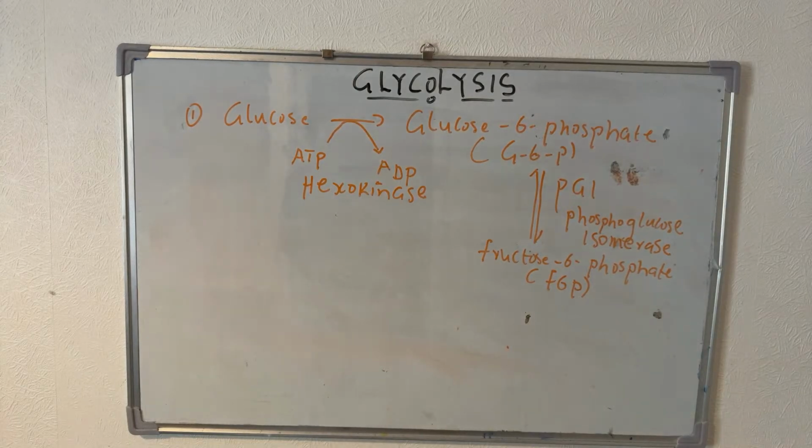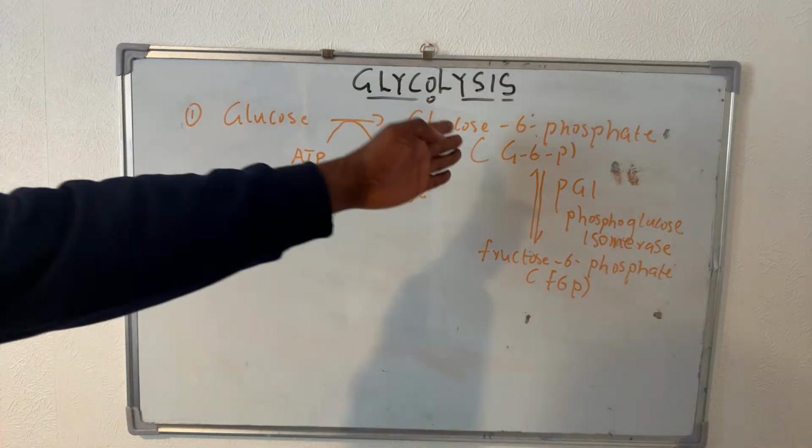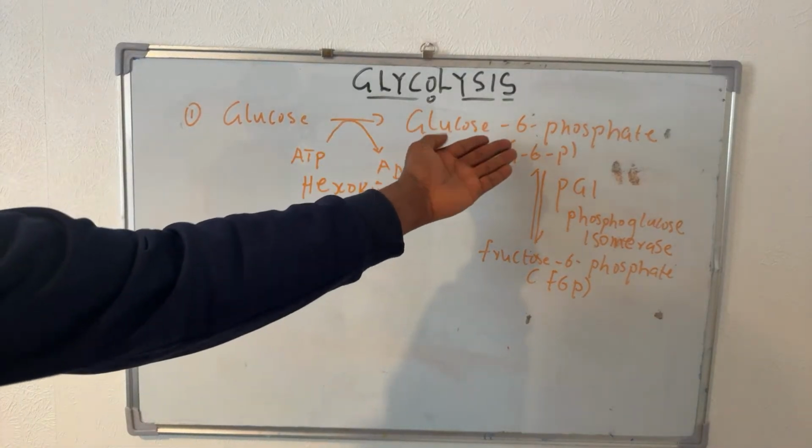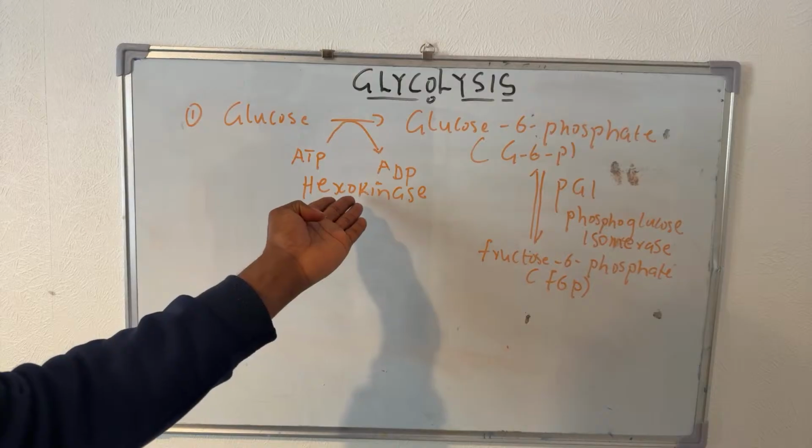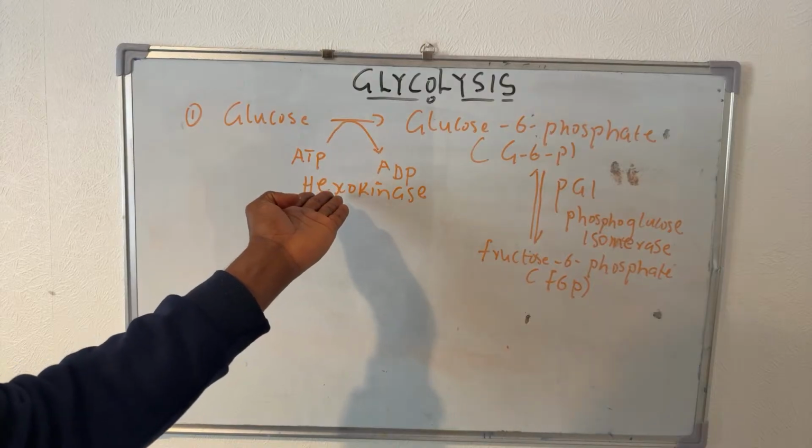Now, it's important that I mention at this stage that glucose 6-phosphate acts as an allosteric inhibitor of hexokinase.